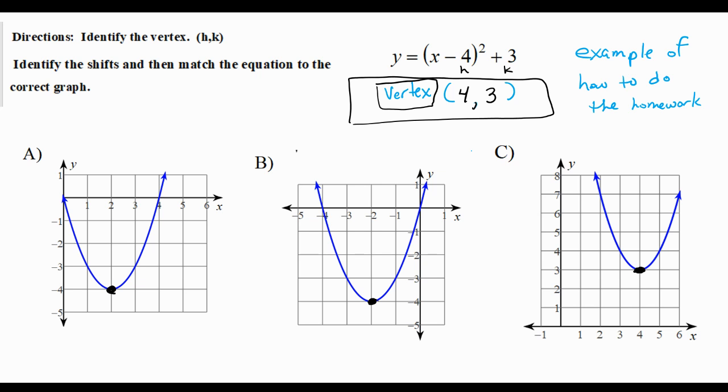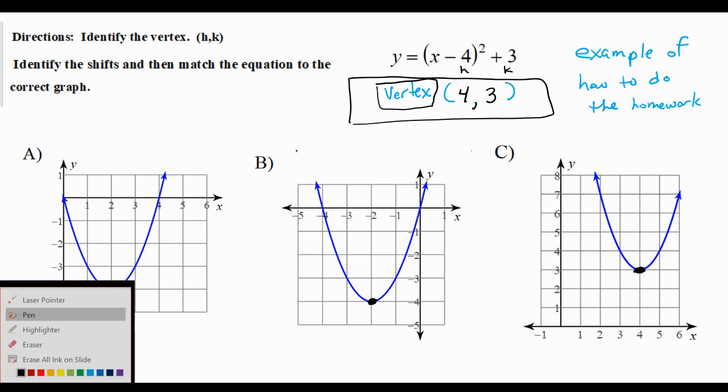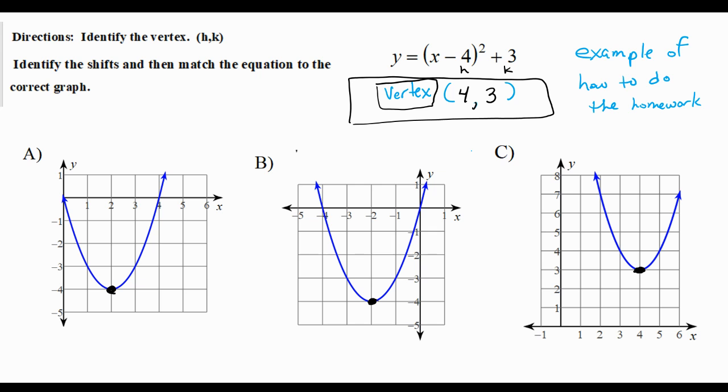That's it. And hopefully you picked the right answer. It's C. Because this dot is over 4, up 3. And that's the vertex. So 4, 3. Okay, so what you're going to write on your homework paper is just the letter C.